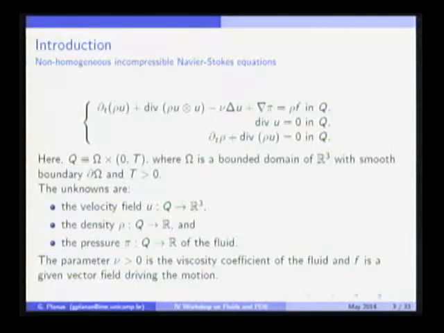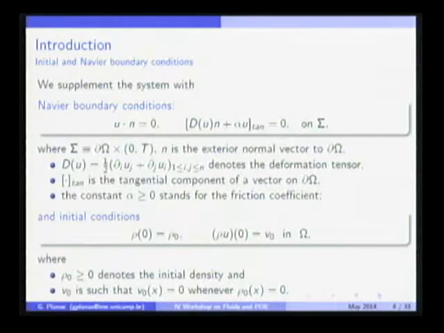We supplement this system with boundary conditions and initial conditions. We will consider the Navier boundary conditions. There are these two conditions. The first one says that the boundary is impermeable. The second one is a condition on the tangential component of the velocity, which is proportional to the deformation tensor.